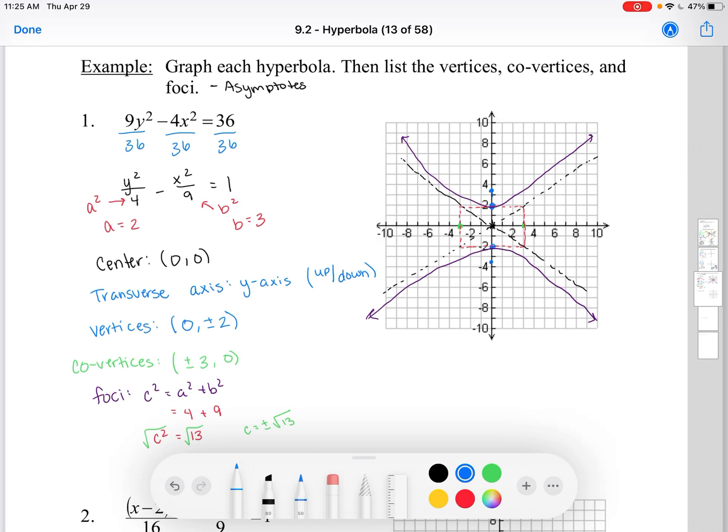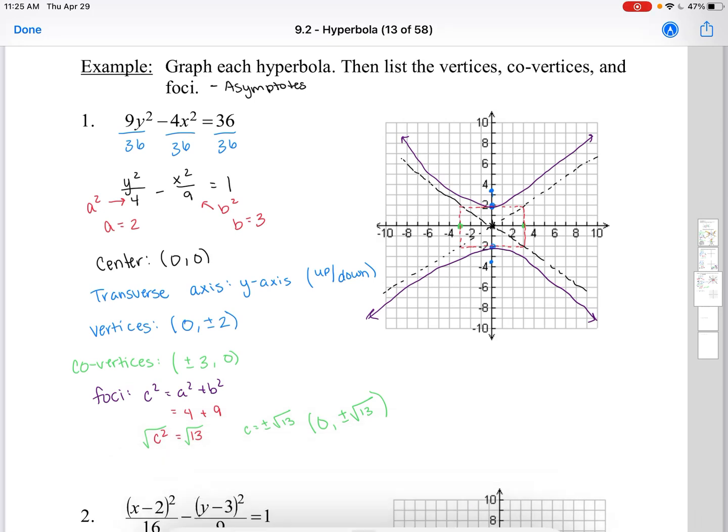Pay close attention. It needs to go from the center out to your foci. If I were to graph and look for those exact coordinates, those coordinates are going to be at 0, comma, plus or minus the square root of 13. Remember, you're working off the center point, so the center was originally 0, 0, and your foci worked from the y coordinate. So you're adding and subtracting square root of 13 from the y.